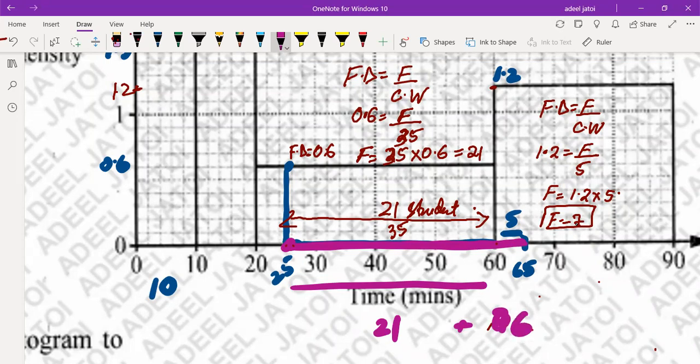Let's correct this down as well: 1.2 into 5 will be 6. So can we say the total is 27? The total answer will be 21 plus 6, which is equal to 27.